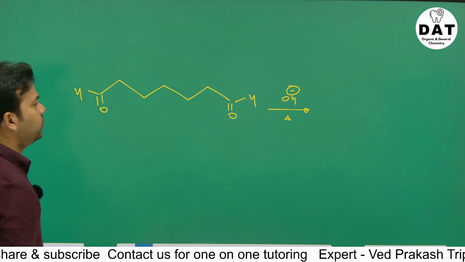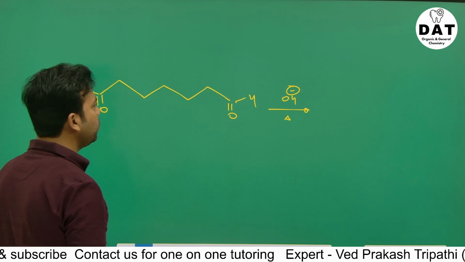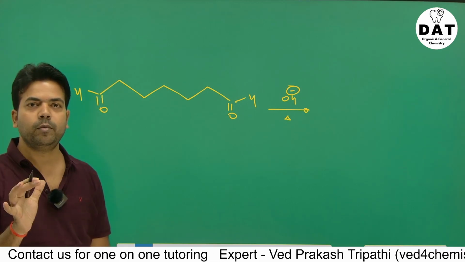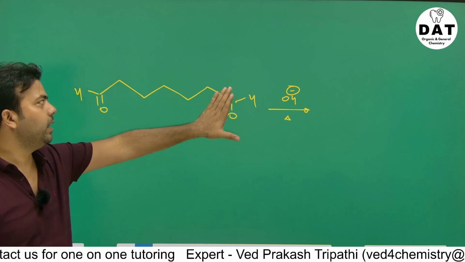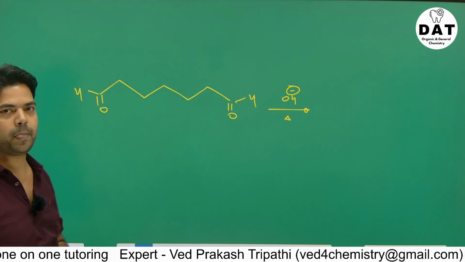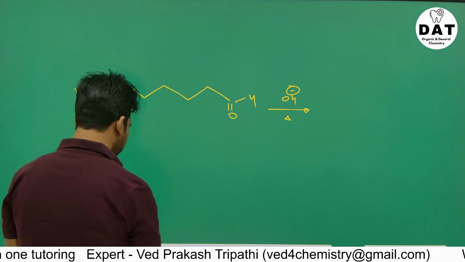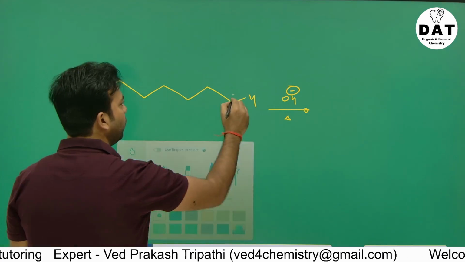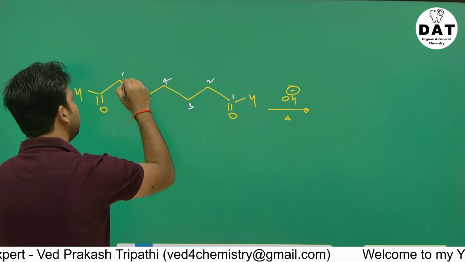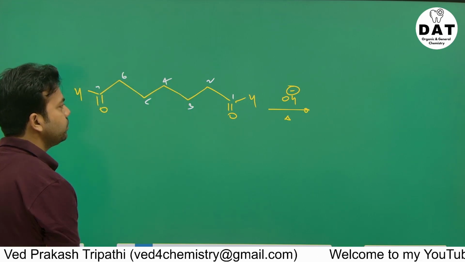Okay. So look at the very first thing. If you want to draw the product directly, the best way is what? Remove the alpha hydrogen from one side of the aldehyde, and from the other side of the aldehyde you can remove its oxygen. So first of all, we can mark the numbering here: 1, 2, 3, 4, 5, 6, 7. Clear?